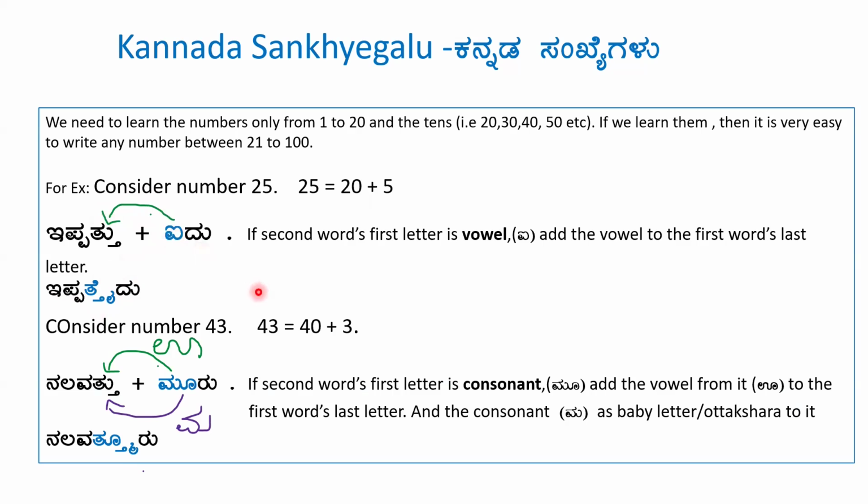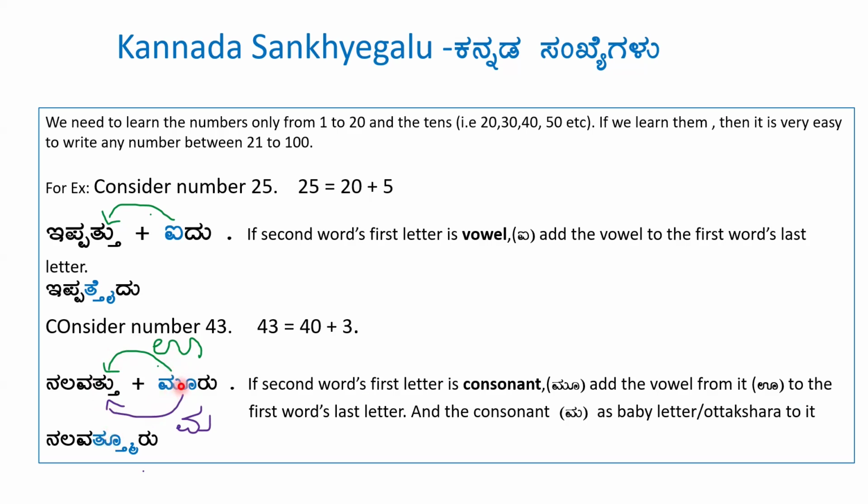Now consider the number 43. 43 is nothing but 40 plus 3. 40 we already learned, Nalavattu. 3 also we already learned, Muru. Now, the second word's first letter, Mu, is a Vyanjan. If it is a Vyanjan, take its matra, which is Badi u matra, and pass it on to the first word's last letter. So, the ta will now become tu with the badi u matra, correct?